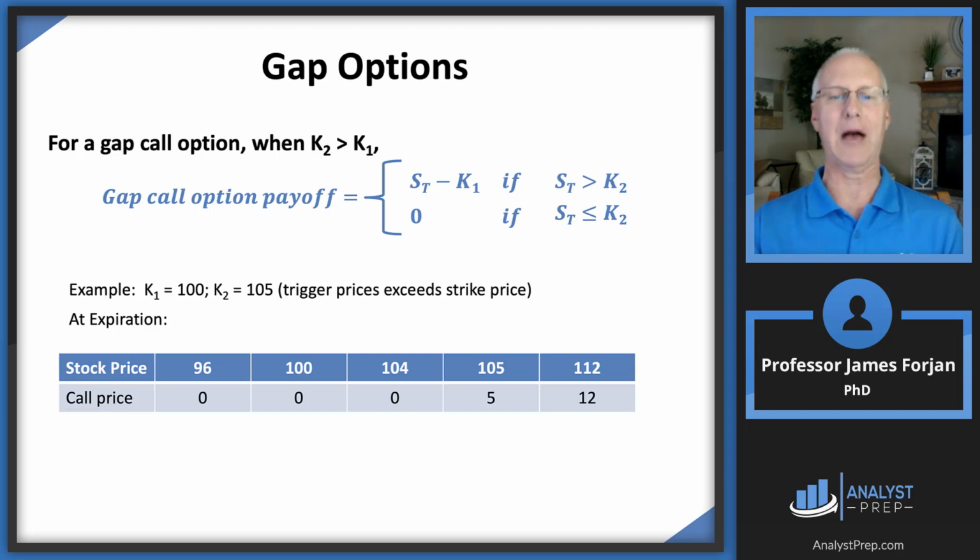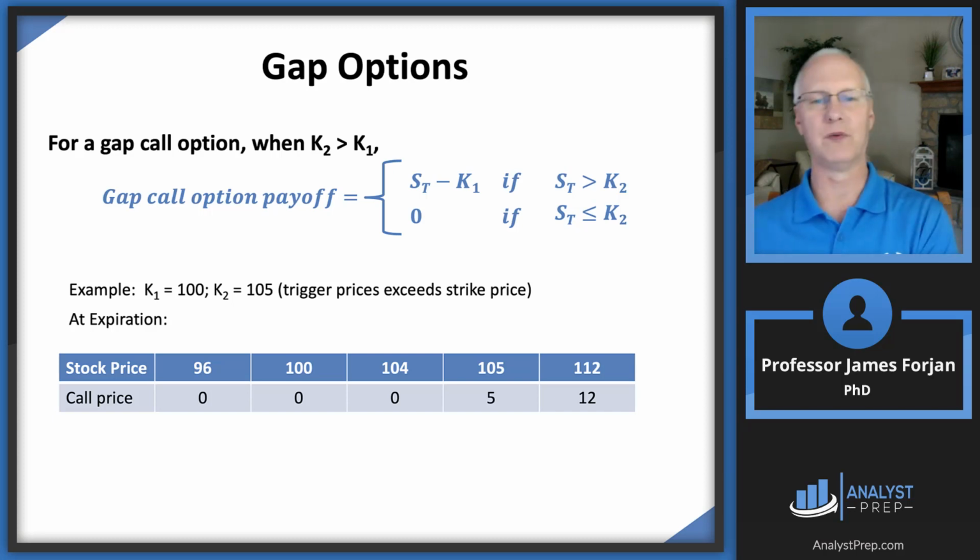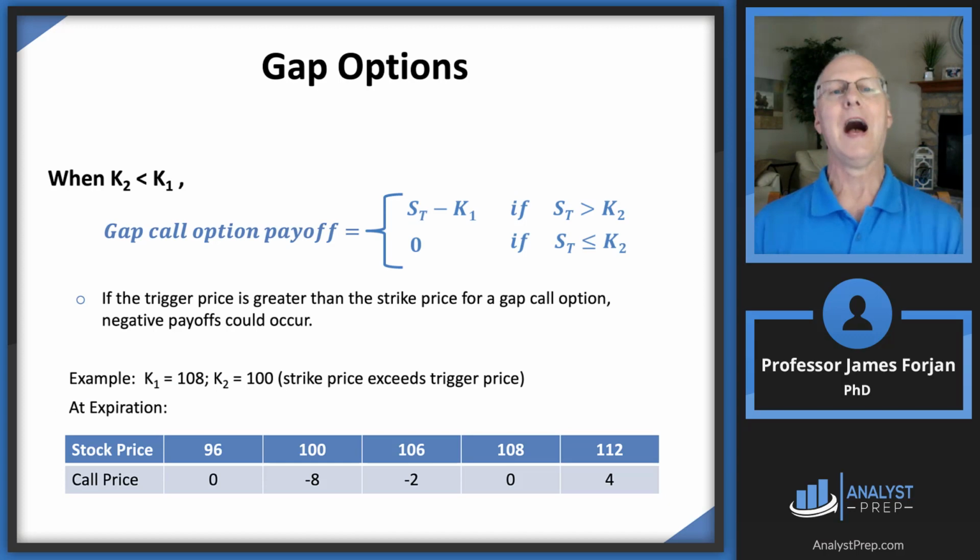There's a little gap from payoff when the stock price is 100 all the way up until it's 105. And then after it's 105, it works just like a regular old call. All right. How about if we take the opposite condition when the strike price exceeds the trigger price? And there are similar payoffs up at the top in blue.